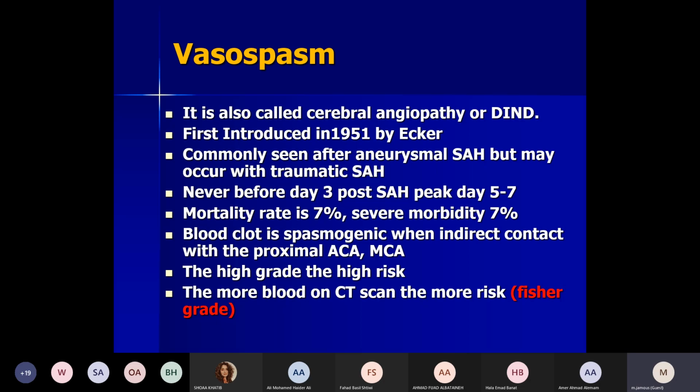And we believe that blood clot after hemolysis can lead to release of some spasmogenic substance. And as we mentioned, Fisher grade 3 is associated with high risk for vasospasm.